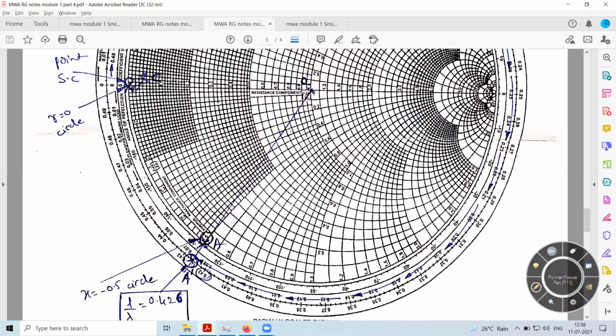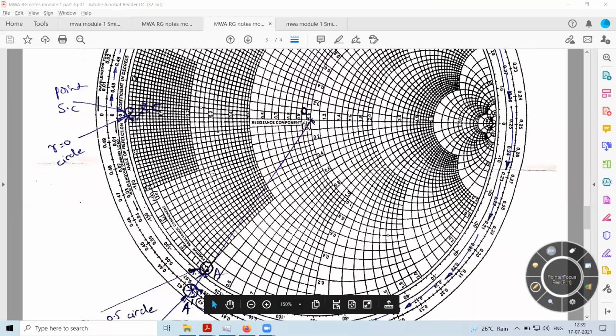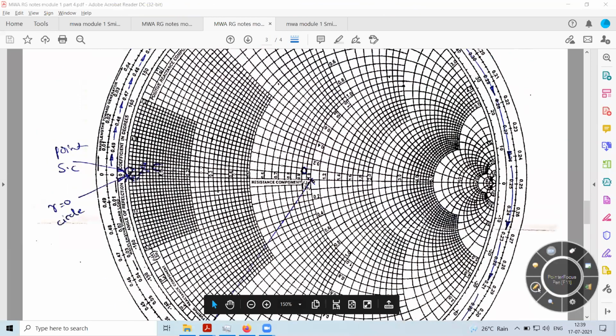Here they have joined the center of the Smith chart and the point A, which is associated with the normalized input impedance value, the input point. This line is extended so that it intersects the outermost lines on the Smith chart.